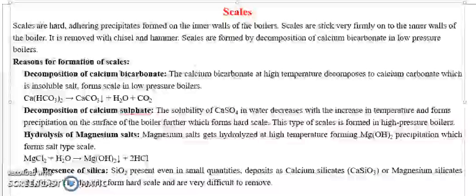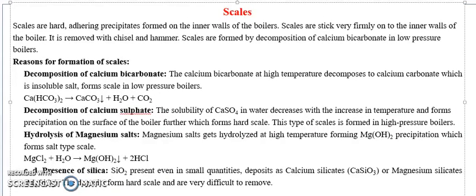Now the term scale. Scales are hard deposits which stick very firmly to the inner surfaces of the boiler. Scales are difficult to remove even with the help of hammer and chisel. Scales are the main source of boiler troubles. Formation of scales may be due to decomposition of calcium bicarbonate.